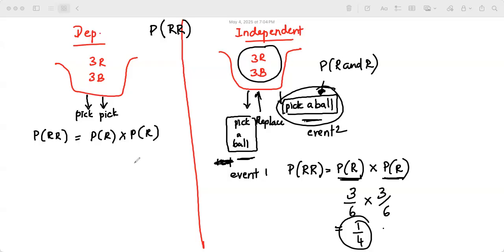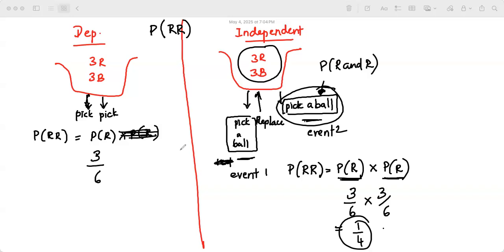I can't, because after pick 1, let's say I picked up the red ball. The probability is 3 out of 6 of picking a red ball from this bag, with 3 red balls, 3 blue balls. But I am not putting it back. My bag completely changed. It's a chemical change that happened, right?